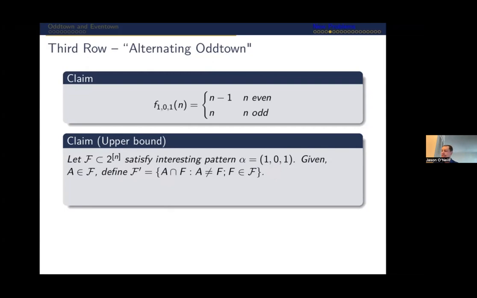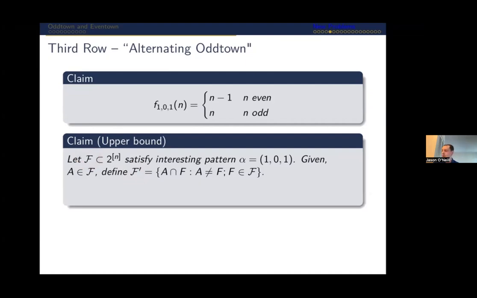However, if I take 2 sets from the new family, it's going to look like A intersect F1, intersected with A intersect F2. Collectively, that will be a 3-wise intersection. So pairwise intersections from F prime correspond to some 3-wise intersections from the original family.